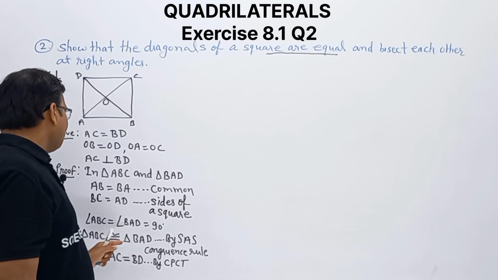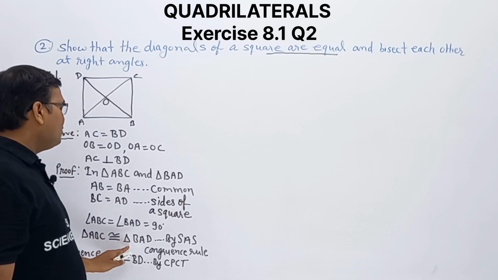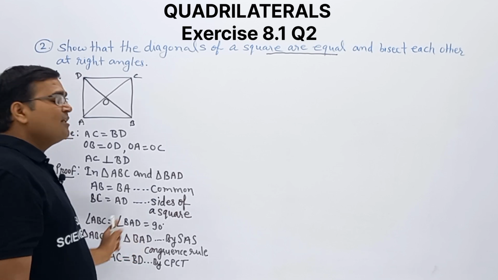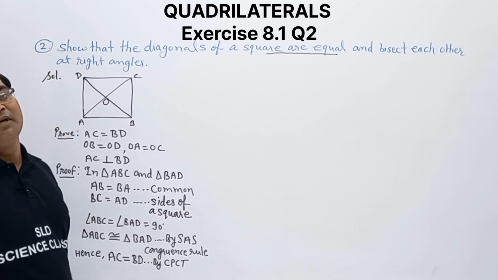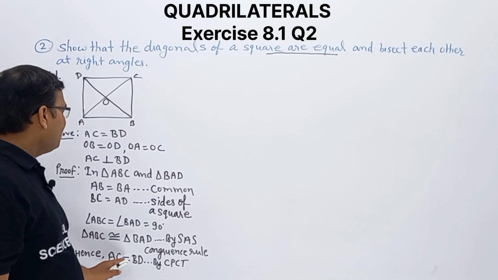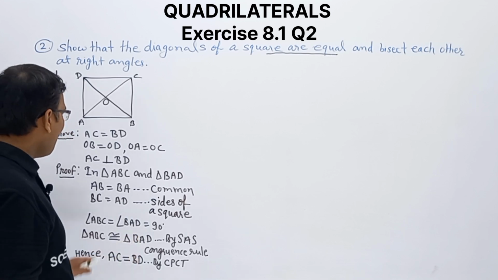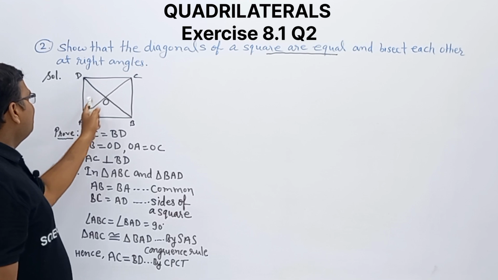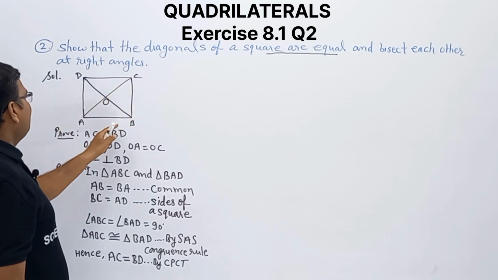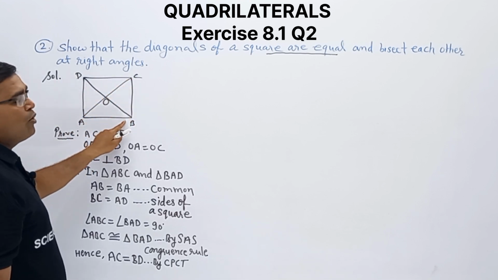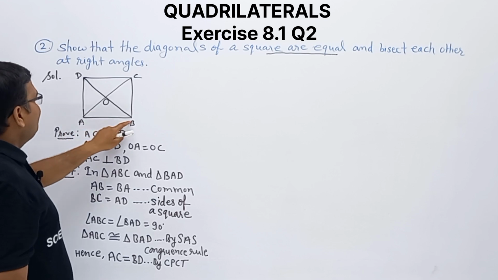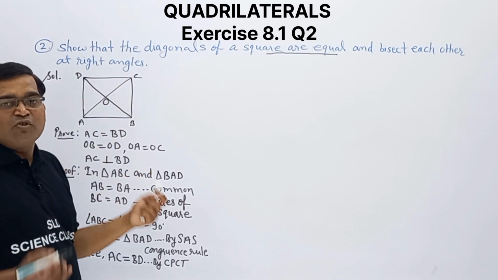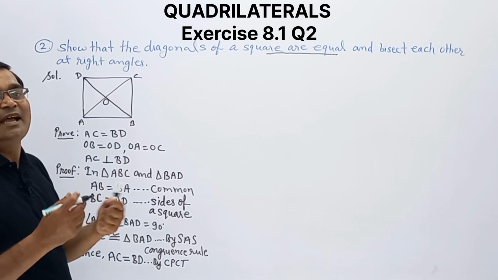We proved that triangle ABC is congruent to triangle BAD. So corresponding parts of these two triangles will be equal, so AC equal to BD. And how did we prove these two triangles are congruent? In these two triangles AB is common, and BC equal to AD, because we have a square and all sides of a square are equal.